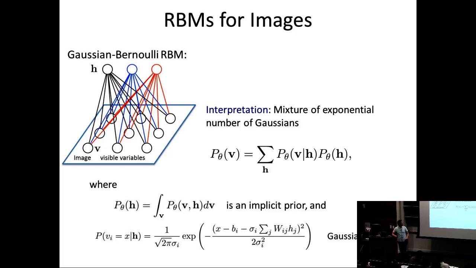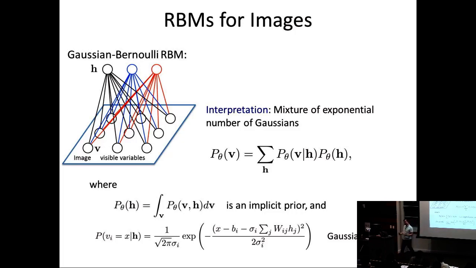Now, the trick is that it's not quite true because they share a lot of parameters, right? It's not like I have an exponential number of Gaussians where each Gaussian has its own parameters. These parameters are all tied together between these mixing components and these conditional probabilities. So P of H here is what's known as an implicit prior, an implicit way to integrate over the states of the visible variables, which you can do for this model, but the conditional is given by a Gaussian.